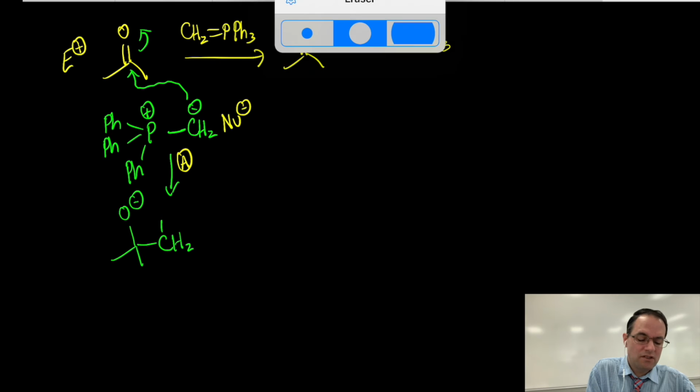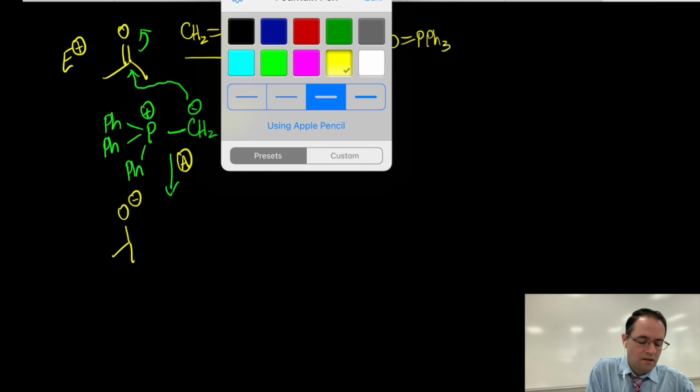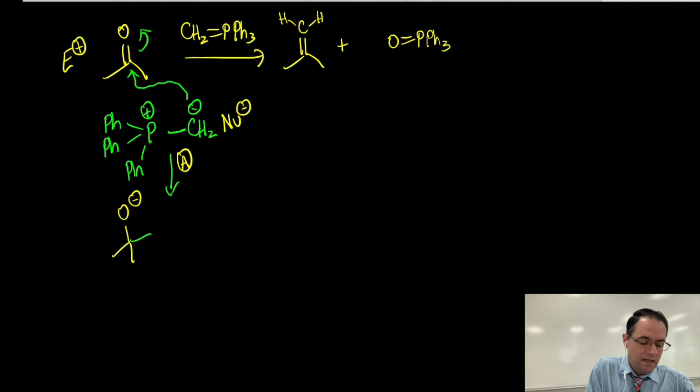Let me fix the color so you can see which parts come from which molecule, okay? So in yellow, there's my acetone fragment, and it's now bonded to the carbanion part of the ylide. So here's my CH2, and it's bonded to the phosphorus and the 3 phenyl groups, okay? Okay, so that's the intermediate there.